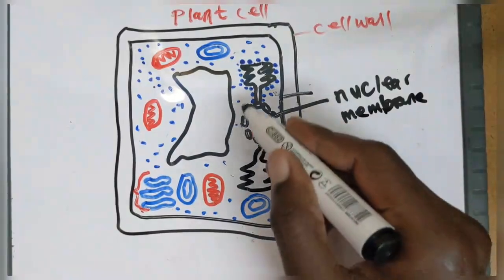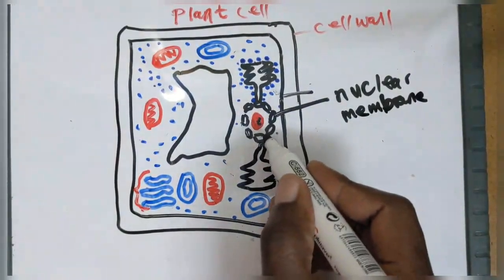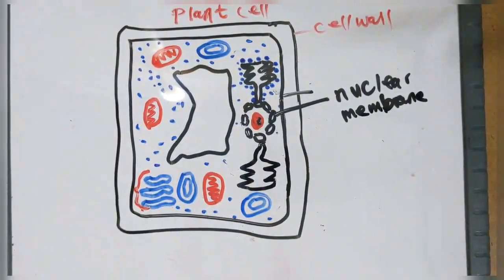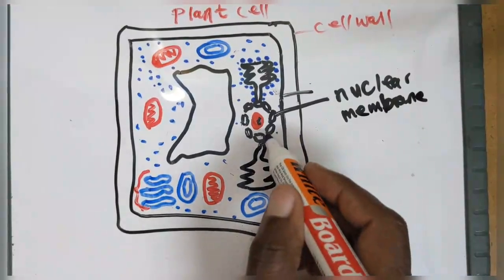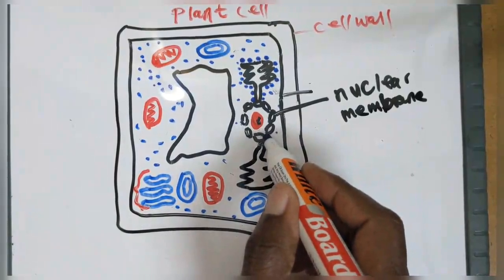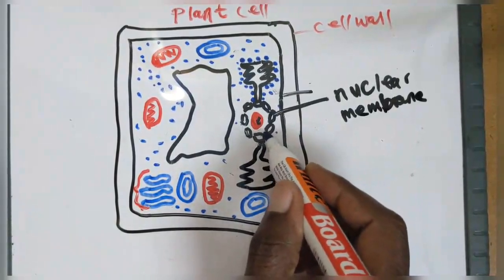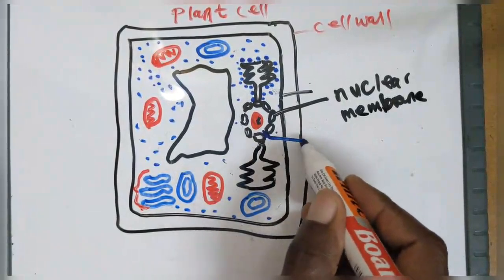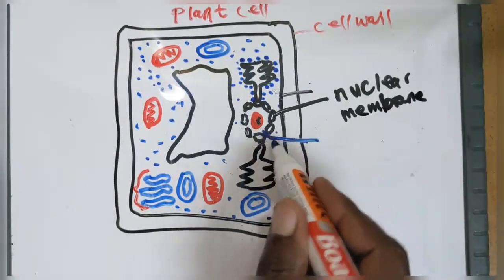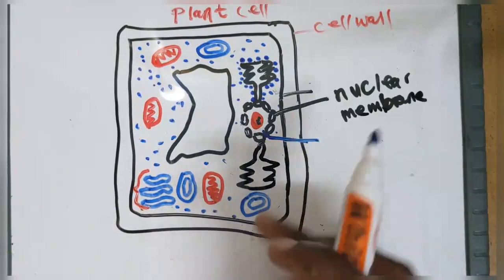So there is a nuclear membrane, and then here there is a space, okay. Let me use a blue marker. This space here, I'm sure you're able to see it, just this space in between the nuclear membrane.